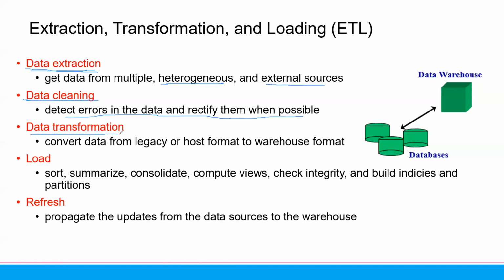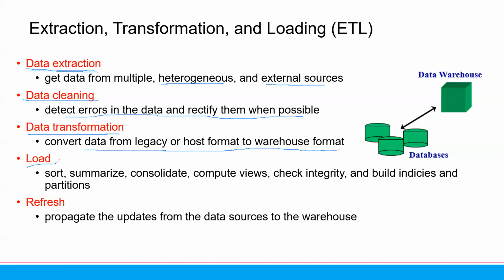Data transformation: you need to convert the data from the legacy or host format to the warehouse format, because the warehouse format is integrated. Maybe you need to combine the data from Indonesia, Korea, USA, and Japan, so it should be in the same warehouse format.